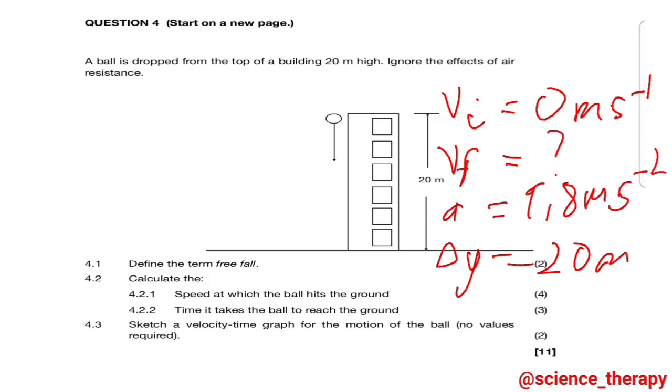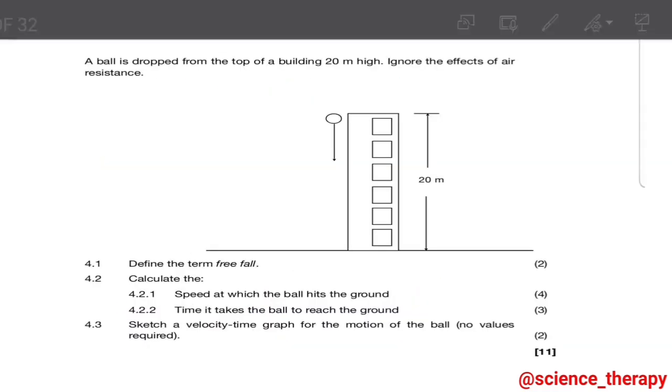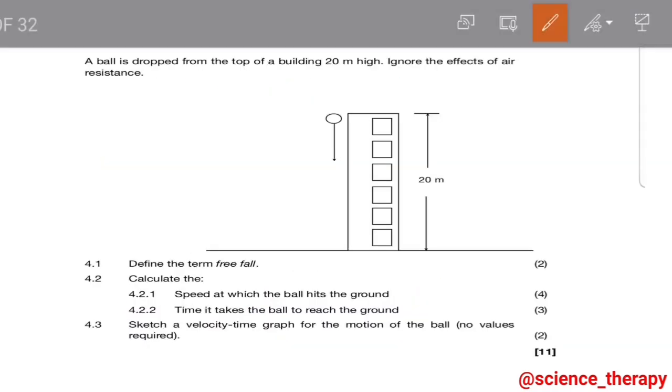Then 4.2.2, this says calculate the time it takes the ball to reach the ground. Again, let's look at the data that we have. To reach the ground, remember we already have Vf, and our Vf is 19.80, but we do have Vi is 0.